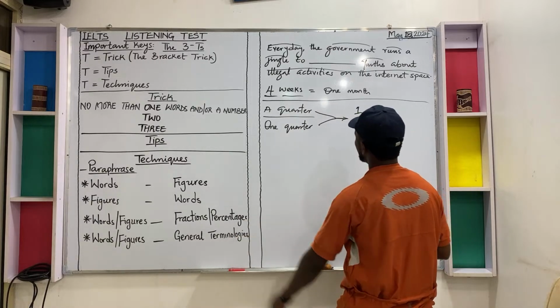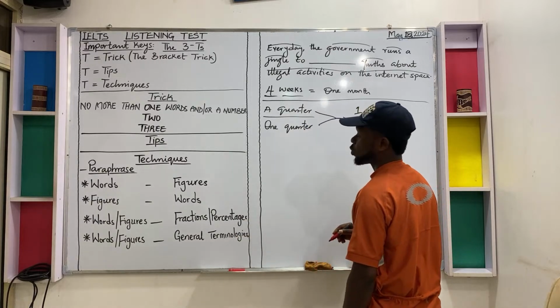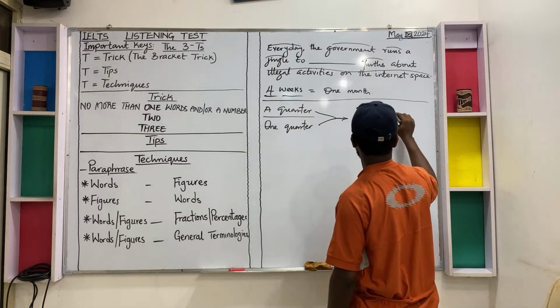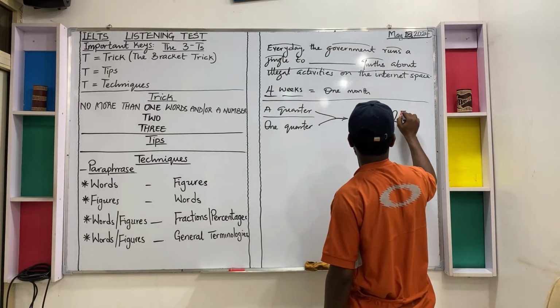Then in percentage, the quarter can be expressed as what? 0.25. 25%.